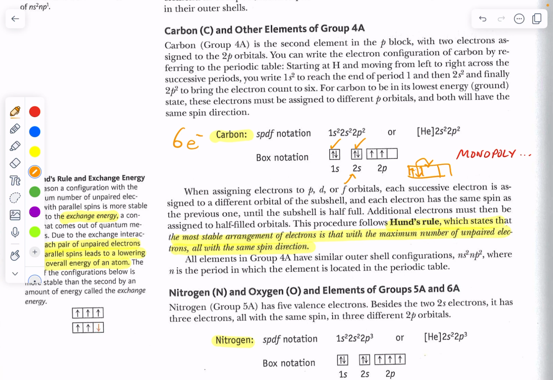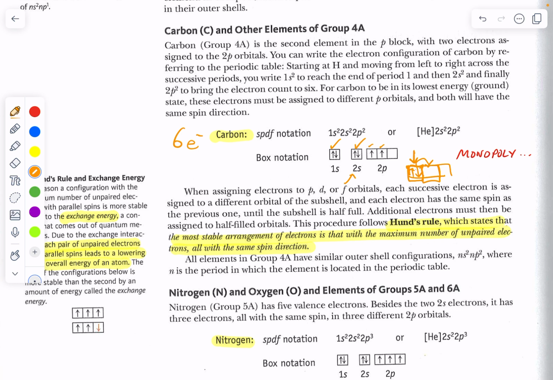We distribute the electrons in each of the orbitals, there and there, whenever there's an empty orbital, because it's much more stable to have a single electron in 2 different orbitals than to put 2 electrons that naturally repel each other because of their negative charges in the same orbital, even if they have opposite spins. When you have a blank orbital at the same energy level, it's more stable for the electron to go in there.